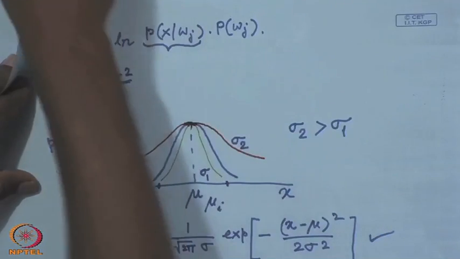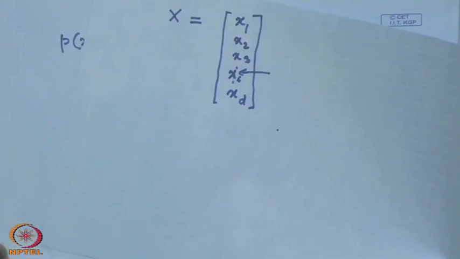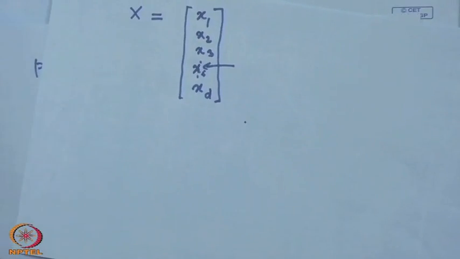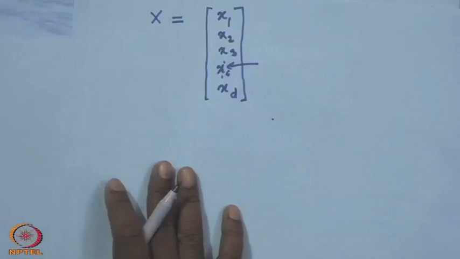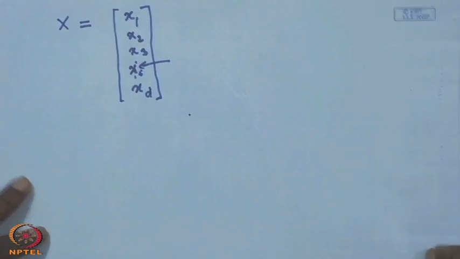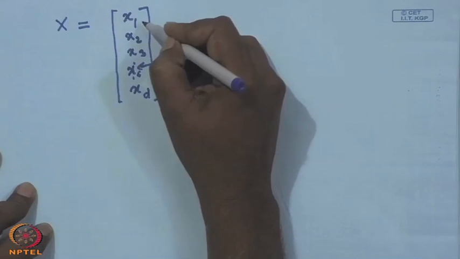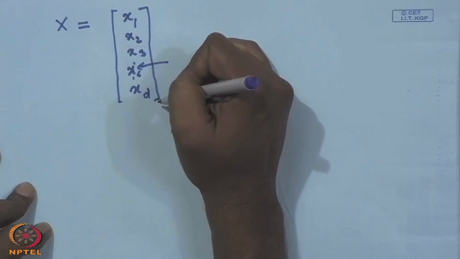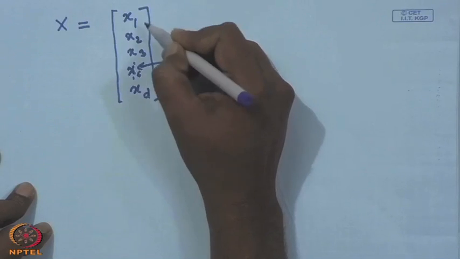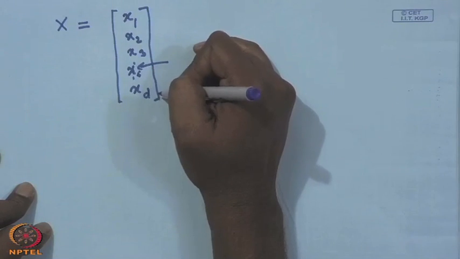Now, how does this expression change if I go for multiple variables, that is, instead of x being a scalar, now x is a vector. The vector I will represent in this form, by capital X, and suppose this vector capital X has d number of components, from x 1 to x d.